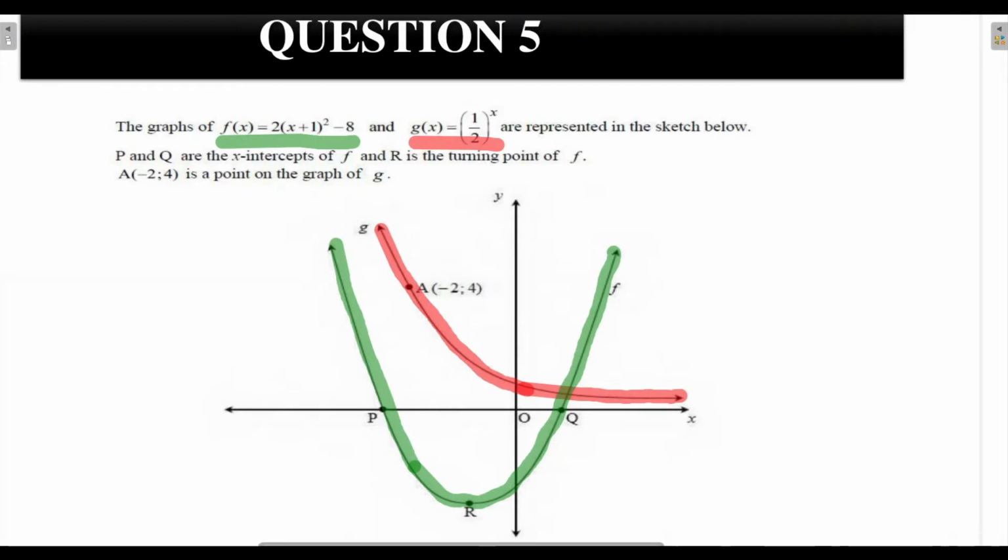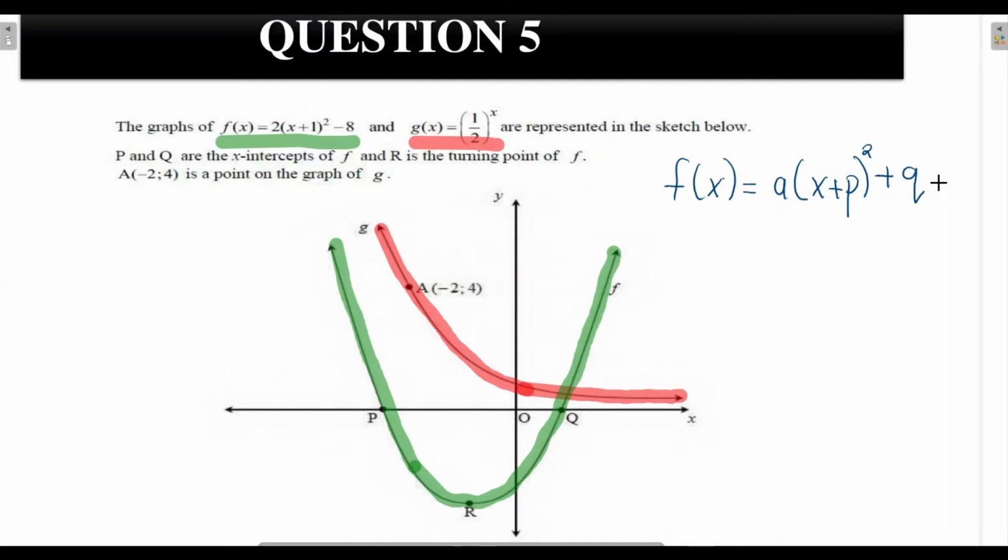But what are we noticing about this particular function, right? We are noticing that this quadratic function is actually given in the form of f of x equal to a open bracket x plus p all squared plus q, right? And then what do we know, guys?